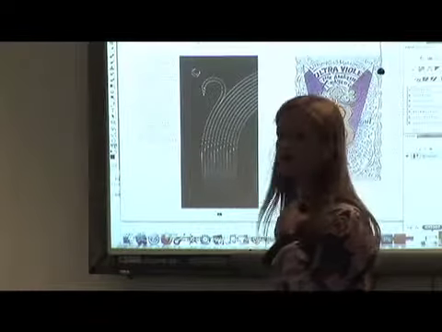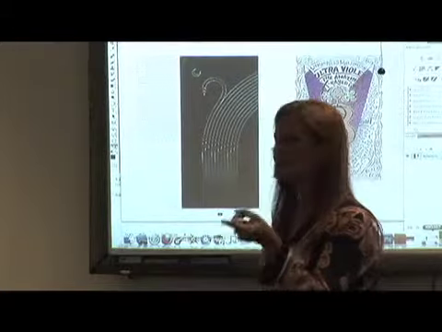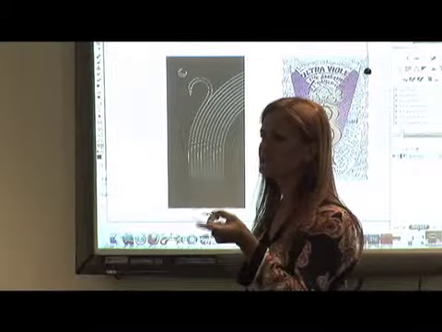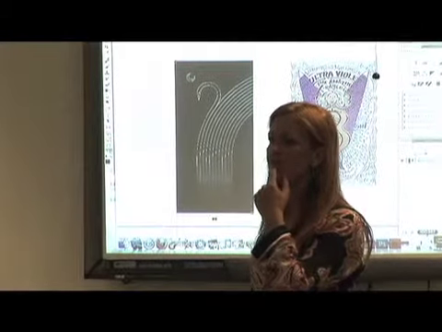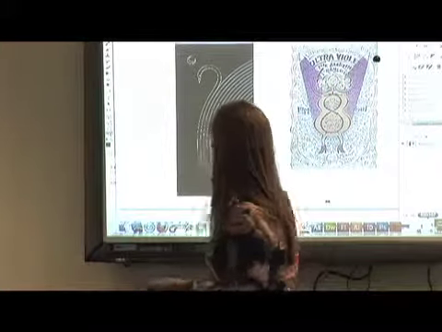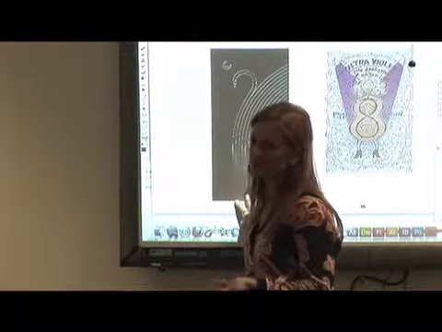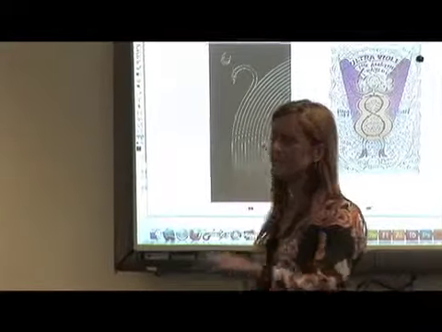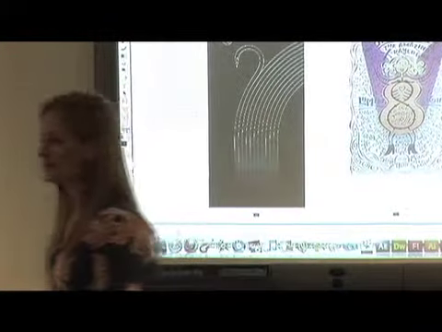The reflection on the bottom. So what happened to the lines on the reflection there on the bottom? They're wavy. Okay, so you know that this is what? Water. Right? Like Marnie was saying. Okay, so very, very clever.